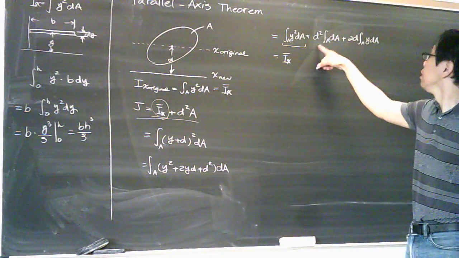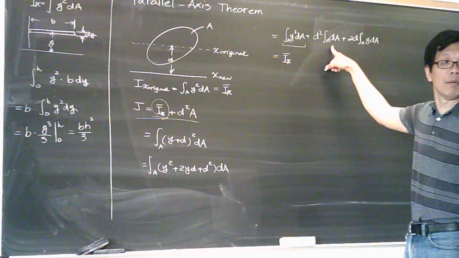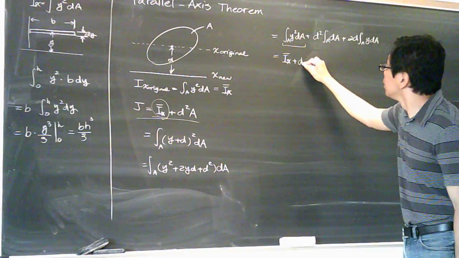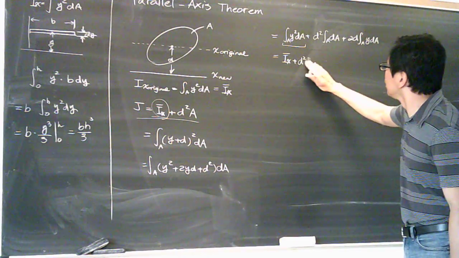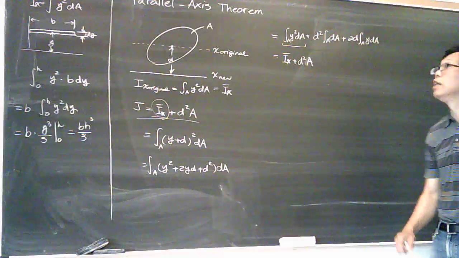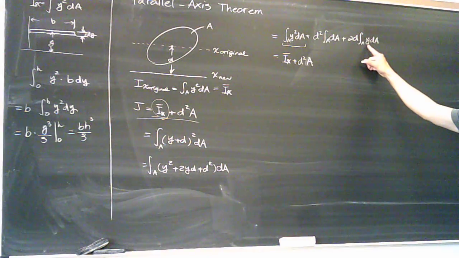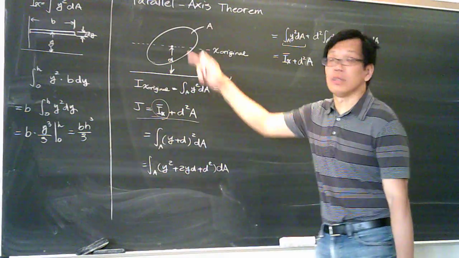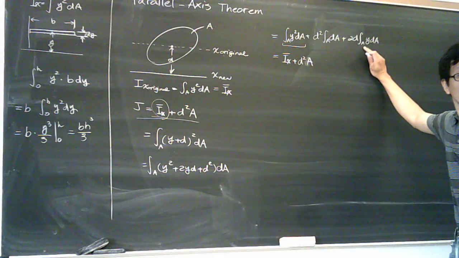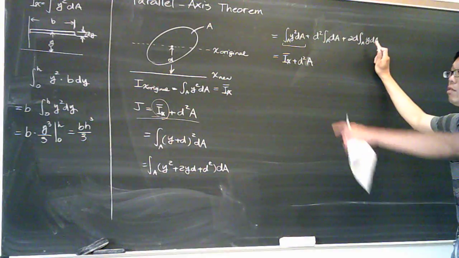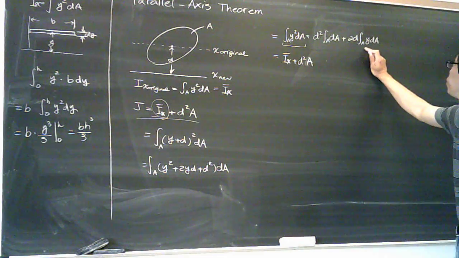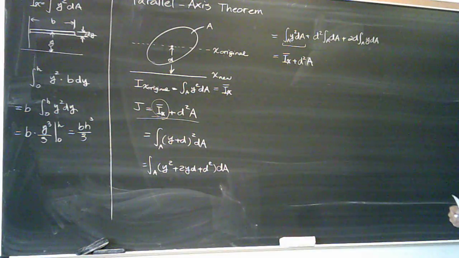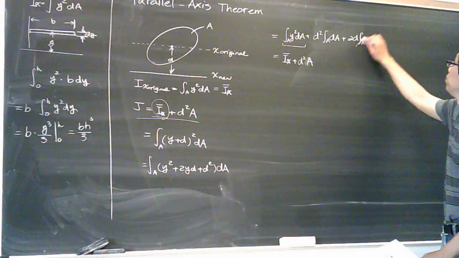D is a constant, so if you integrate everything together, it becomes A. Now this term over here, we are integrating about both sides, from the negative side to the positive side. Since it's symmetric, when you integrate about y, it must equal 0. So this term becomes 0.